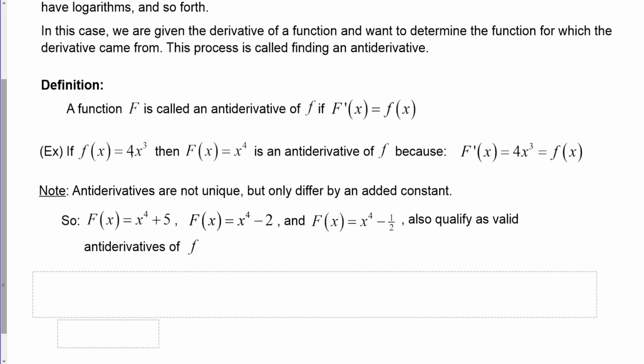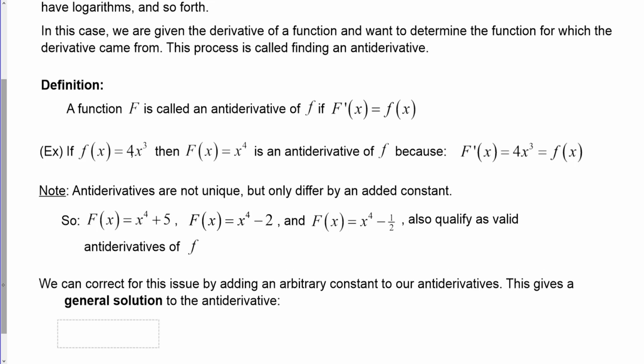For instance, capital F of x being x to the fourth plus 5 would also have a derivative of 4x cubed, as would x to the fourth minus 2, and even x to the fourth minus a half. These all qualify as valid antiderivatives of the function f, because when you differentiate them, you get 4x to the third power. The reason is that when you take the derivative of a constant, you get 0. So that's what happens here.